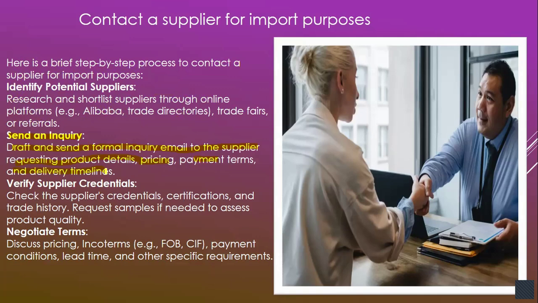Okay, and you can share your proforma invoice along with the payment terms and delivery timeline. This also needs to be checked, the payment terms, how much time we will take to make payment. Delivery timeline means what are the Incoterms, international commercial terms.